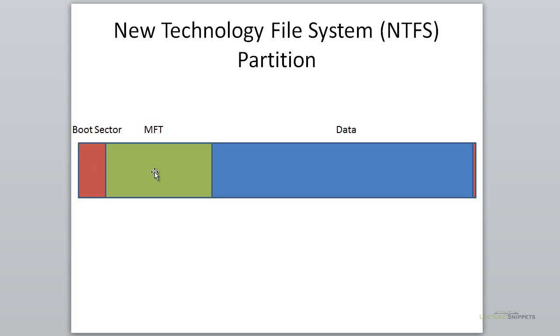If it's small enough, the file itself will stay in the MFT, but most typical files we'll find in this area that I have called just data. We will typically find all kinds of files written all over the hard drive outside of the master file table. And then at the very end of this partition, we have a repeat of the very first sector we have in this boot sector. So a part of this boot sector gets rewritten for replication.